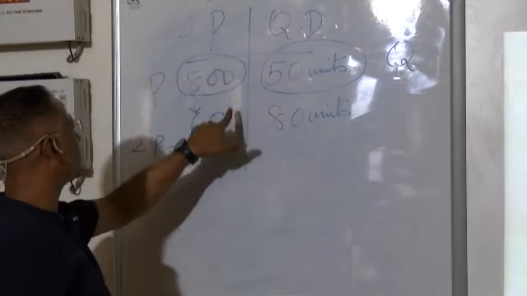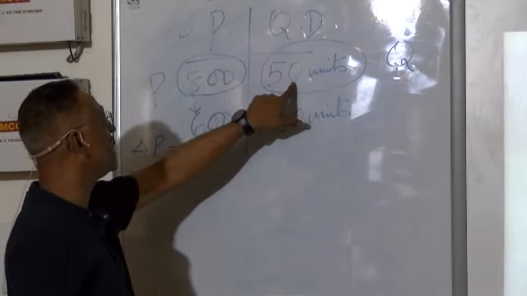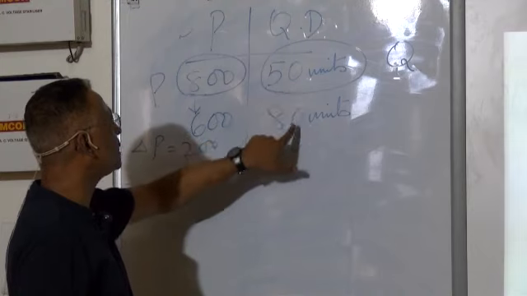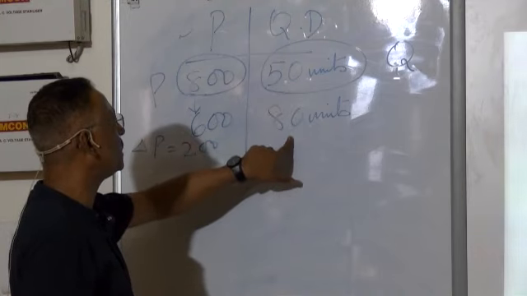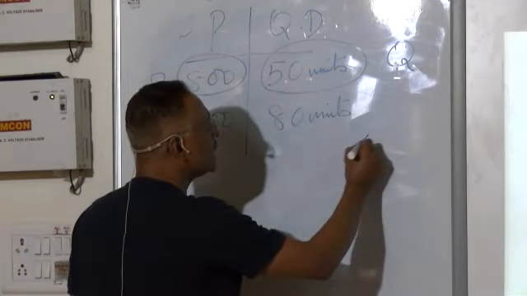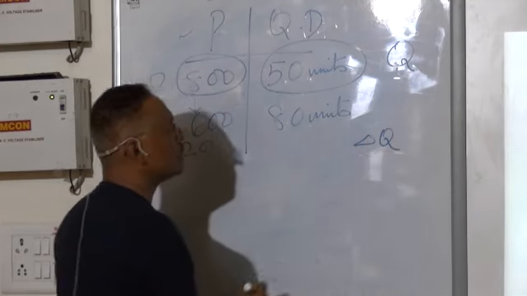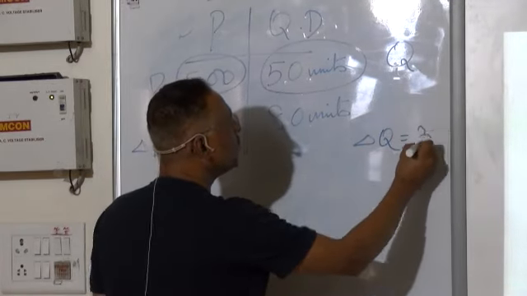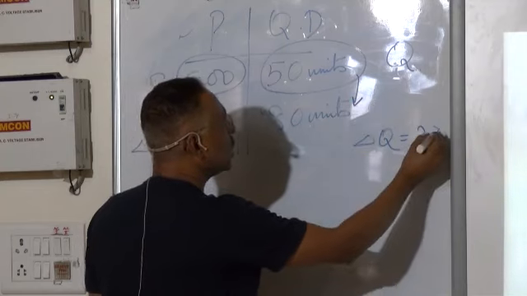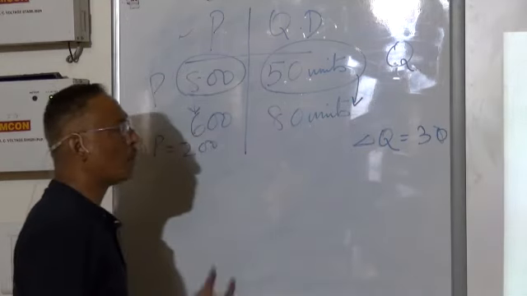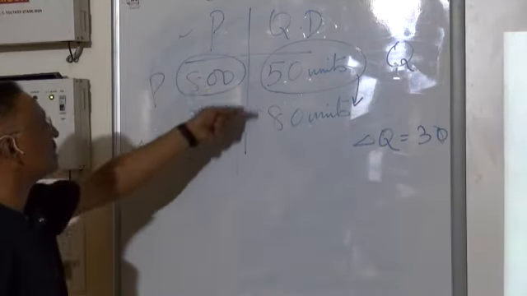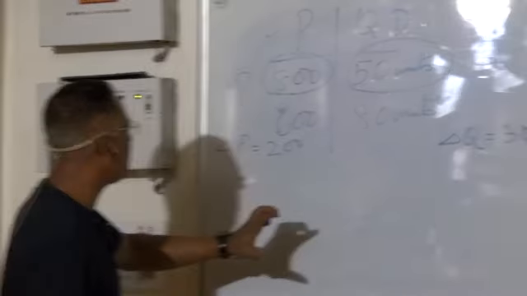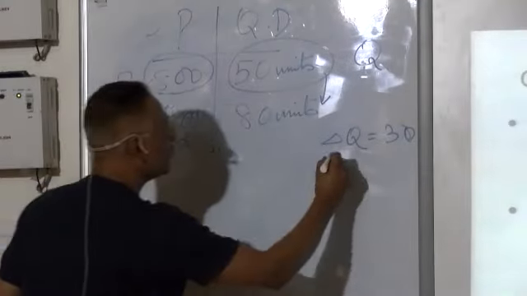Whereas, when the price decreased, the quantity demanded has increased. How much has the quantity demanded increased? By 30 units. So we say delta Q, or change in the quantity demanded, is equal to 30 because the change is 30. We will not write any negative sign or positive sign. Whether it increases or decreases, it doesn't matter. What matters is that only the change is required.